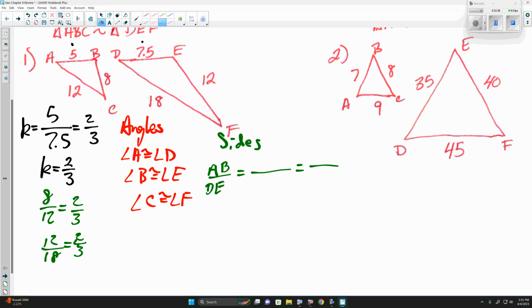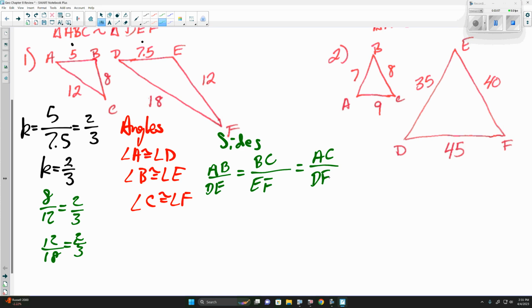So we're going from A to B, D to E. Then B to C would be over EF. And lastly, AC over DF, as long as you have the correct side.